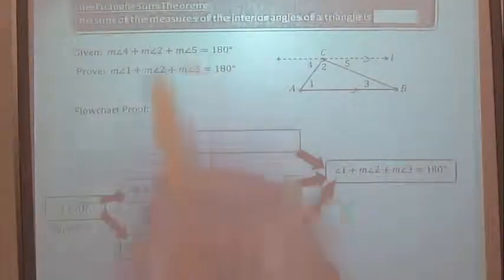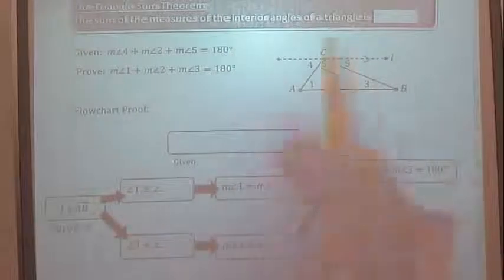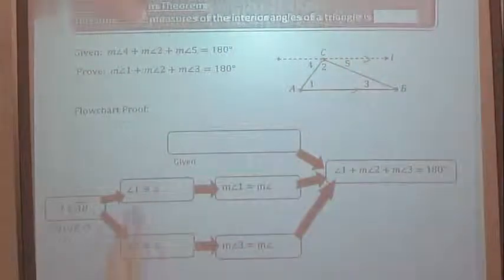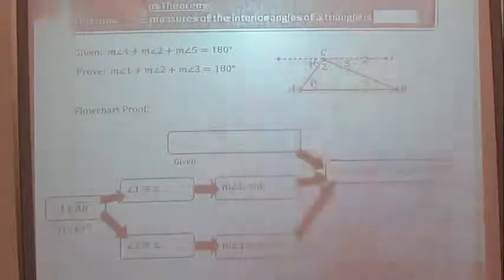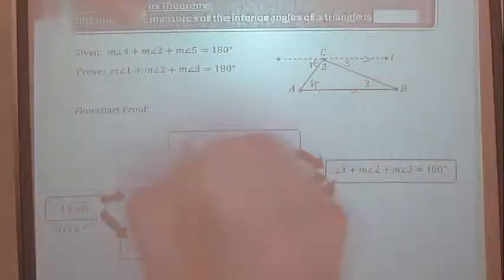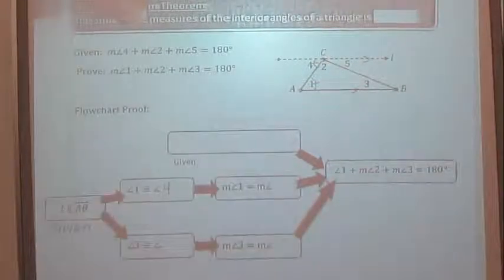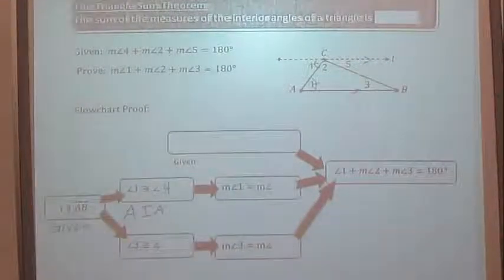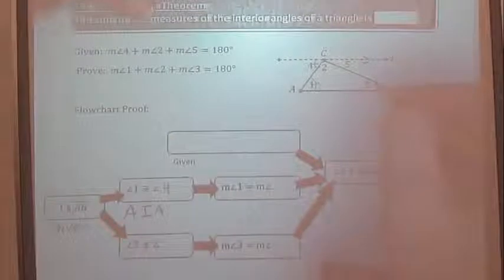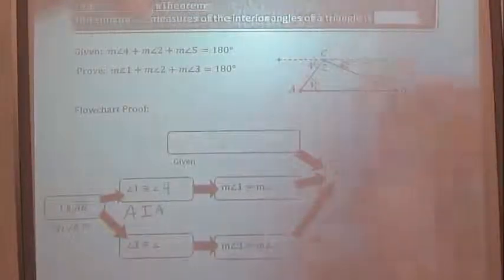Okay, so we know that angle 1 is congruent to angle 4, because if we remember from middle school, that was alternate interior angles. Okay, so hopefully you remember that well enough that if you write AIA, you'll know that's alternate interior angles. Okay, we know angle 3 is congruent to angle 5 for the same reason.